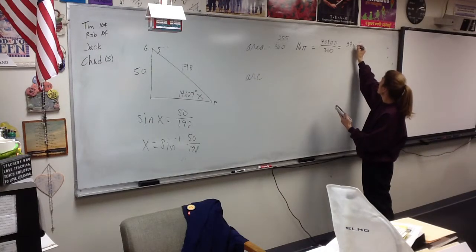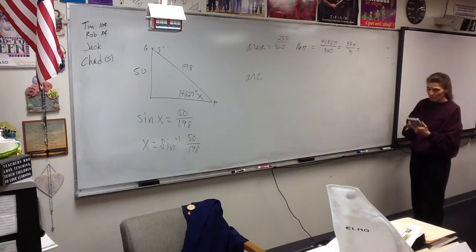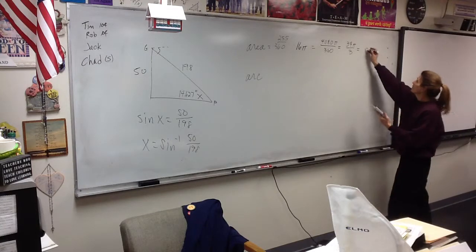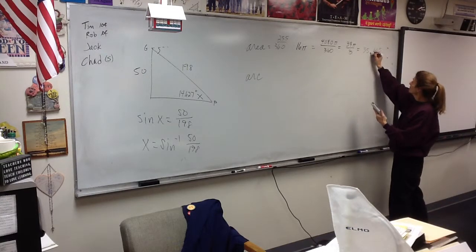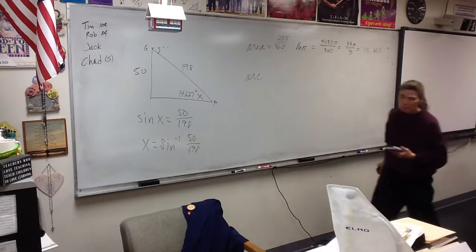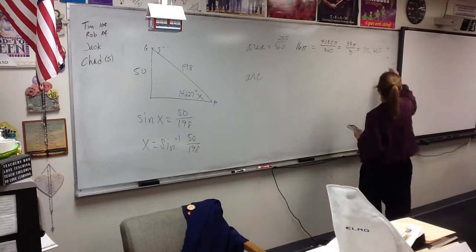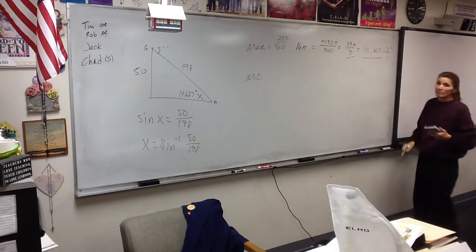So it's 34 pi over 3. That would be the exact answer. If you wanted a decimal, it would be 35.605, and the unit would be square centimeters. Either one of these answers would be fine.